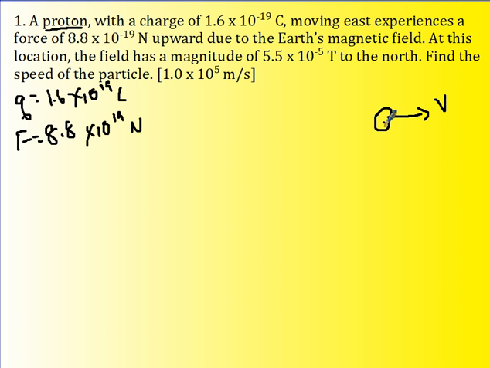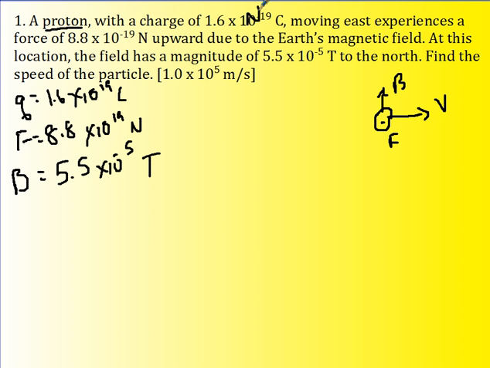At this location, the magnetic field has a magnitude of B equals 5.5 times 10 to the negative 5 teslas. Find the speed of the particle. Now, the magnetic field is acting up to the north.